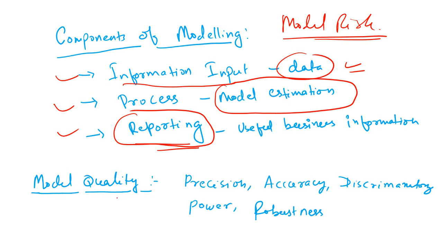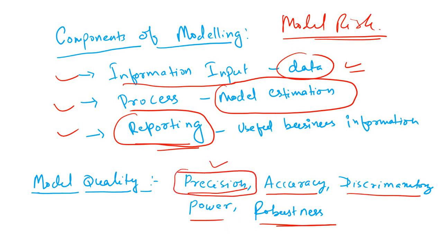Model quality: normally people use a lot of metrics to judge whether the model is good or not. One is precision, second is accuracy, then discriminatory power, and robustness. I'm sure you would have learned most of these if you're familiar with predictive modeling. Precision is very useful when you're building forecasting models.